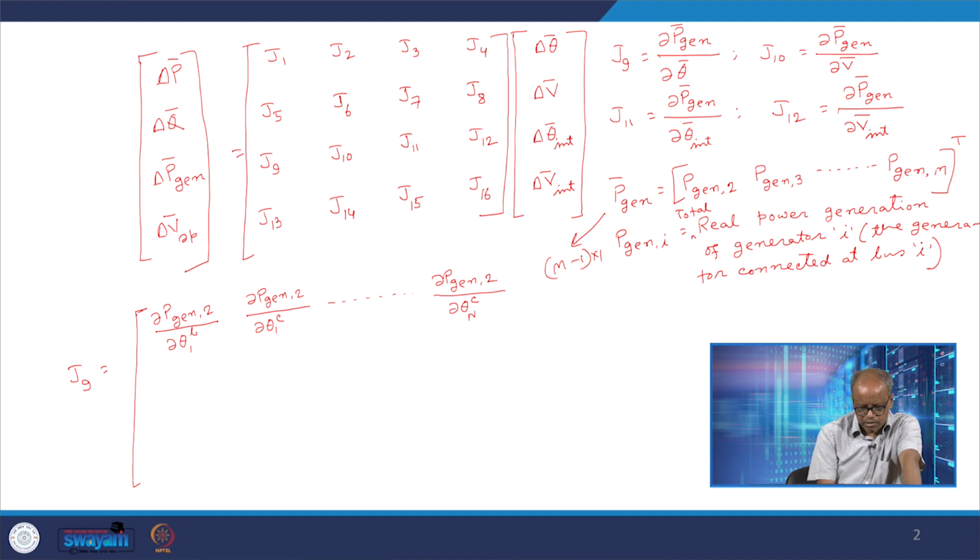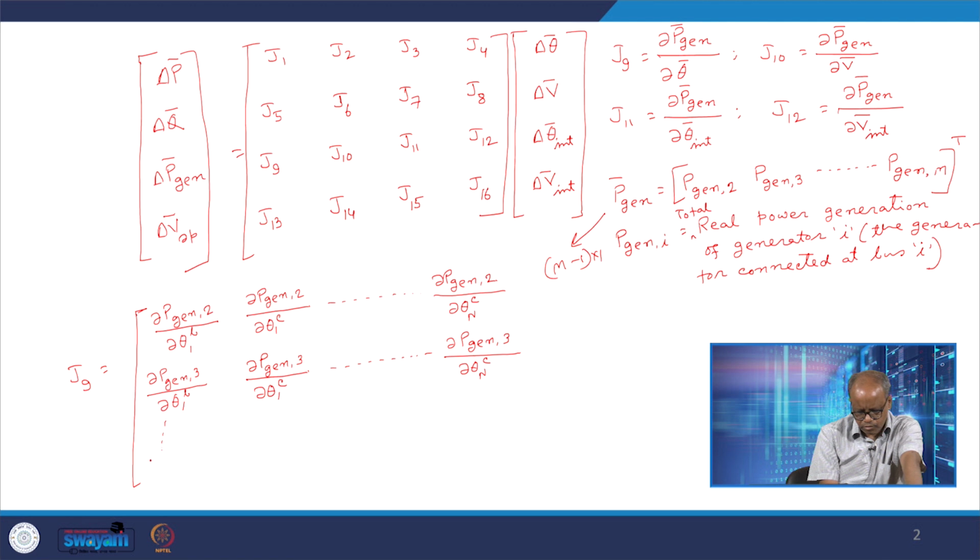Then the second row would be del P gen 3 by del theta 1 b, then del P gen 3 by del theta 1 c, dot dot dot, del P gen 3 by del theta n c.